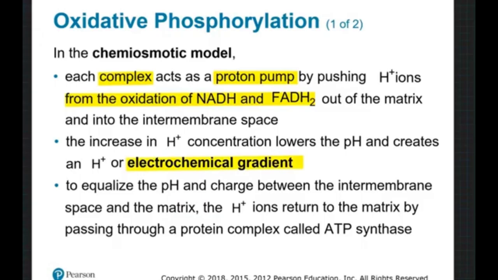The electrochemical gradient that was created, it's called electrochemical because it's a gradient of charges, and hydrogen is a chemical, okay? It facilitates the diffusion of hydrogen ions to the matrix by passing through ATP synthase.